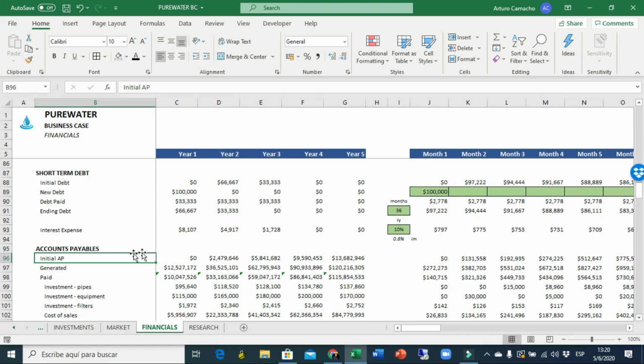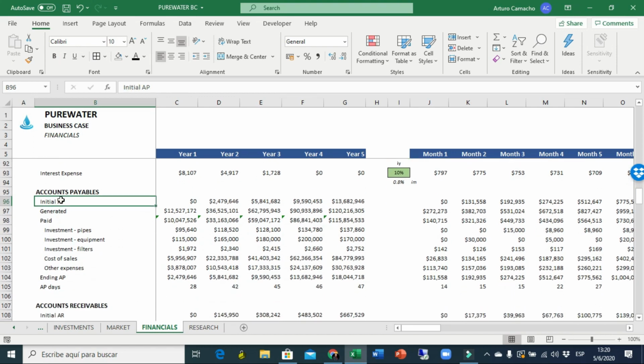Okay, so here they are, the accounts payables. First, it's a pretty easy section before doing the balance sheet. And as you see, it is pretty much like the cash flow on the expense side. You have an initial accounts payable, which is 0, then the prior month ending accounts payable.